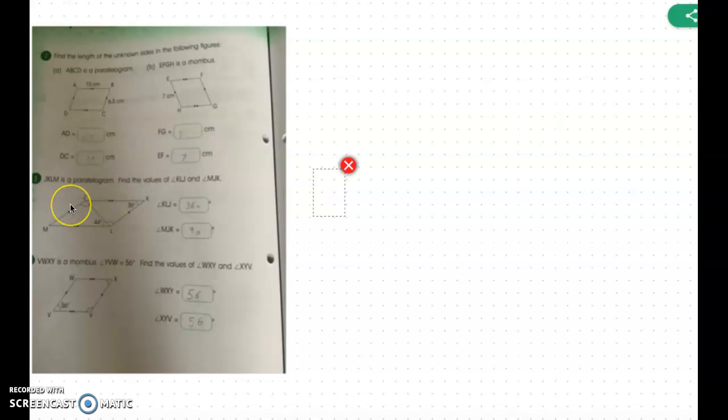And number 3. Look at this. We have learned that the angles between parallel sides, when added, are equal to 180, right? Where are the parallel sides of this parallelogram?